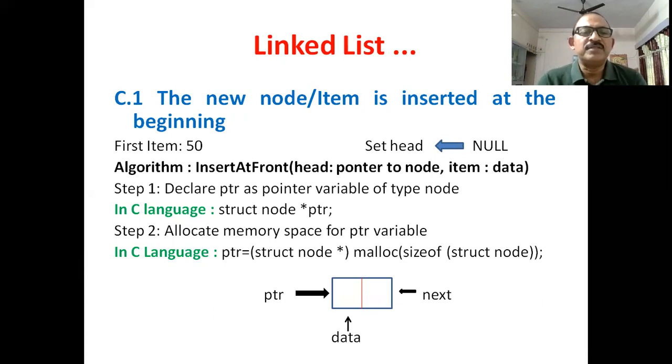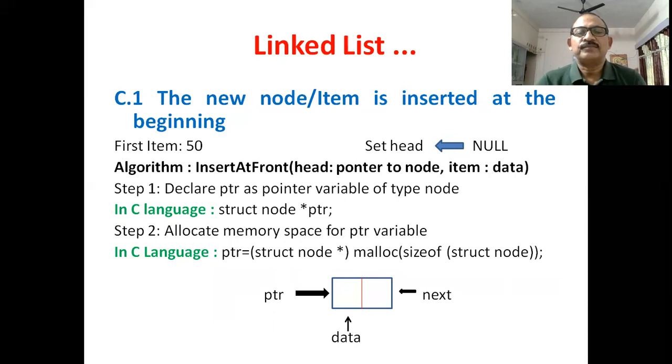Our next step is to allocate memory space for the PTR variable. And how will we allocate memory space for a pointer? Simply PTR is equal to, in brackets, struct node star, followed by malloc, which is a function, followed by sizeof struct node, and followed by a semicolon.